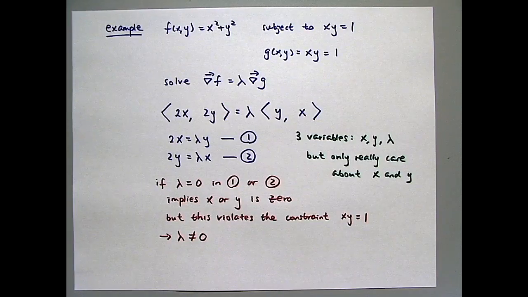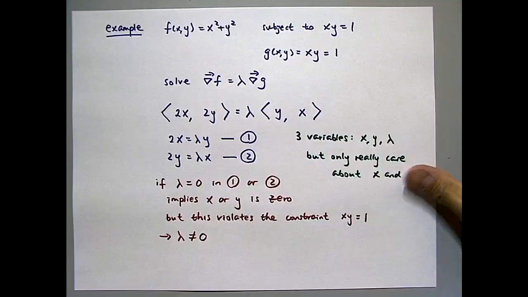If lambda is not equal to 0, then that's okay. That means we can solve for lambda, divide by lambda, or whatever in these two equations. And by the way, we still don't care what lambda is, but we know it's not 0. So that's all we care for now.